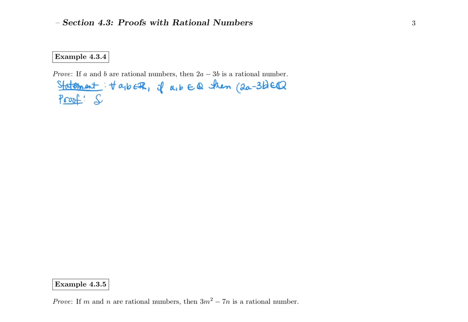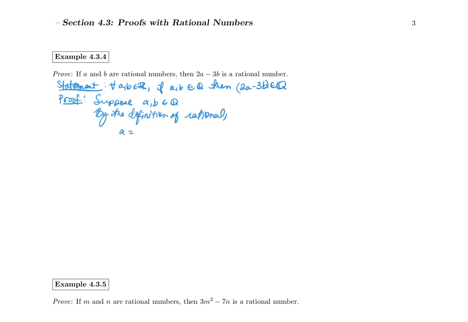We get to suppose that a and b are rational. So this still isn't starting any differently than the previous two examples. By the definition of rational, we know that a equals, well, now we can't use a over b because we already have those two variables being declared as part of the problem.